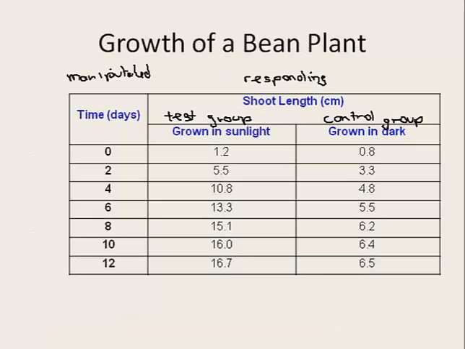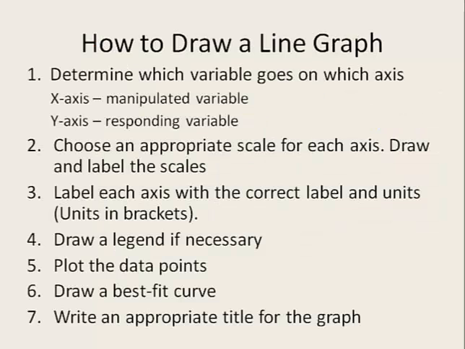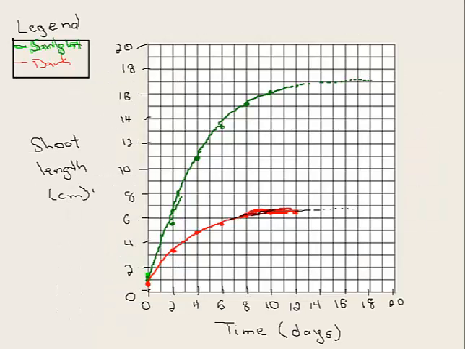An appropriate title is similar or identical usually to our title for our table. Now this title for our table isn't as descriptive as it should be. We really should say growth of a bean plant with and without sunlight. So you want to make a title fairly descriptive on a graph.